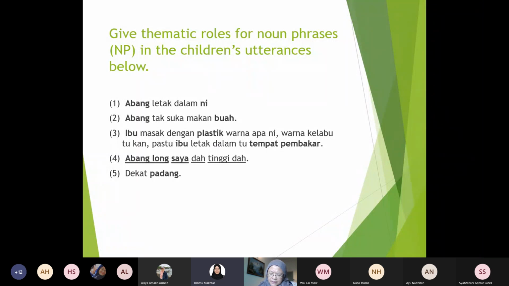Apa maksud saya ayat ni? Abang long saya dah tinggi. So the predicate is? Predicate dia tinggi, kan? Dah tinggi dah lah. That's the predicate. So to who? Oh, I read it in another way, or it could be like saya is telling Abang Long, comma, saya dah tinggi, or the other way, yeah.